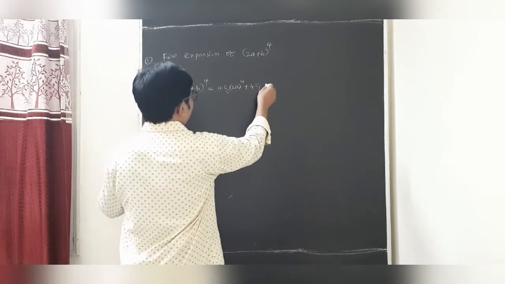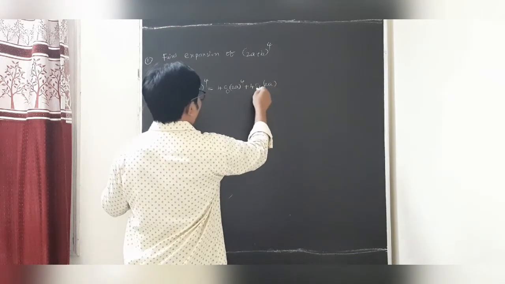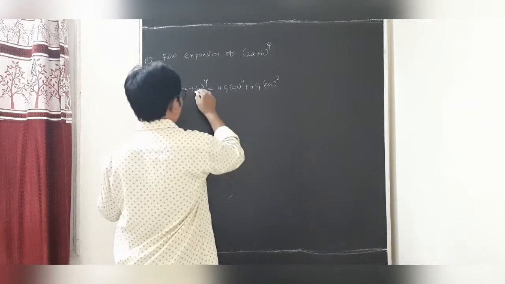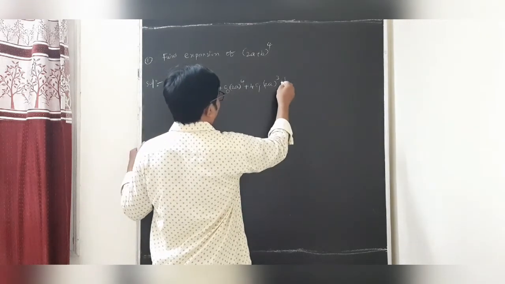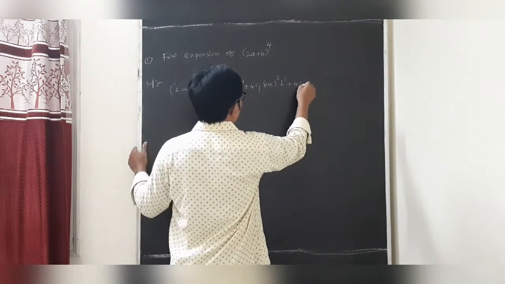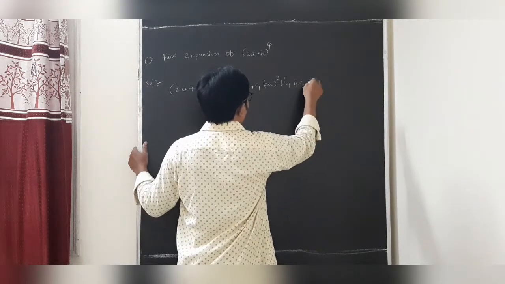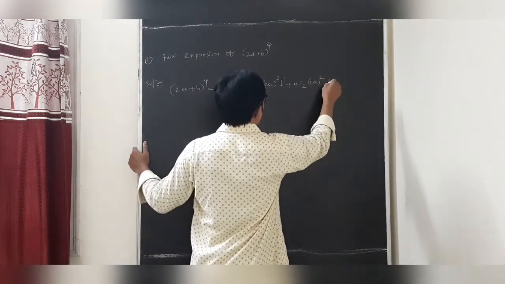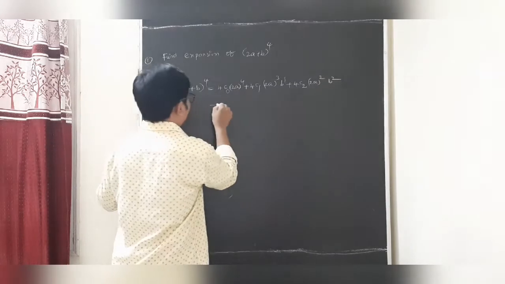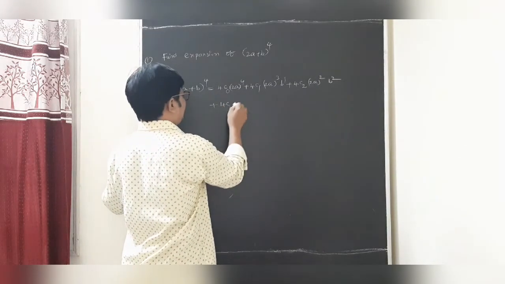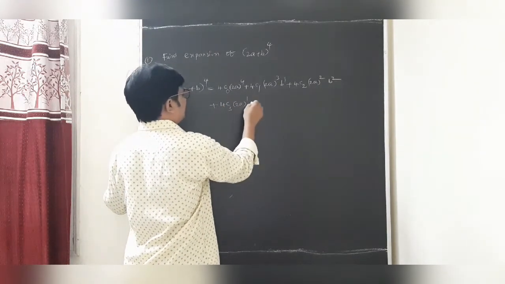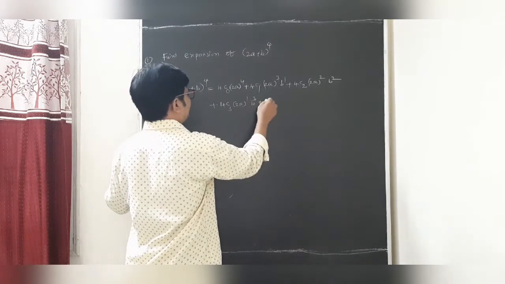After that 4C1 (2a) power 4 minus 1, that is 3, and b power 1. After that 4C2 (2a) power 4 minus 2, that is 2, b square. Next 4C3 (2a) power 1 b cube.